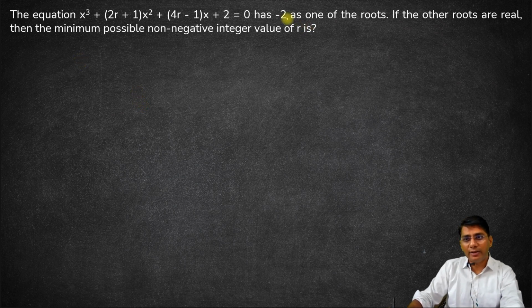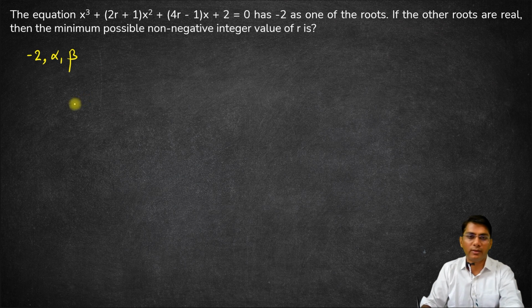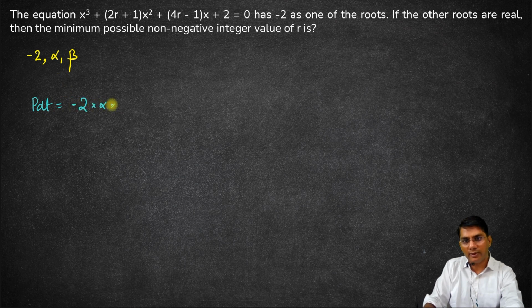So if minus 2 is one of the roots, let's say the other roots are alpha and beta of this cubic equation. It's a cubic, right? So there will be 3 roots. Now we know the product of the roots of this cubic equation will be minus 2 into alpha into beta, and we know the product of the roots of a cubic equation is plus minus minus times the constant term upon the coefficient of x cube.